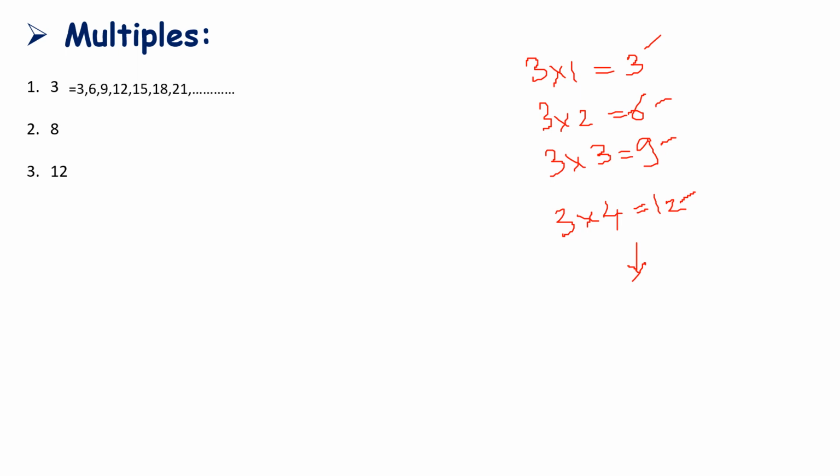So 3, 6, 9, 12, 15, 18, 21, 24, and so on will be the multiples of 3. Another example, 8. The multiples of 8 are 8, 16, 24, 32, 40, 48, 56, and so on. Another is 12: 12, 24, 36, 48, 60, 72, 84, and so on. So basically multiples or the products are infinite in number, whereas factors are always limited.